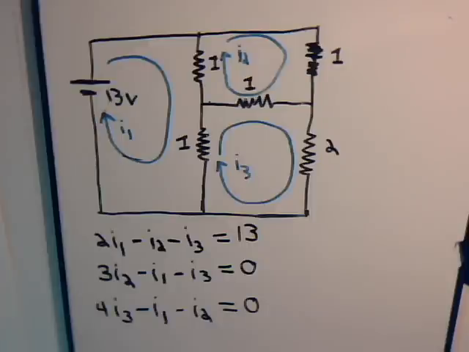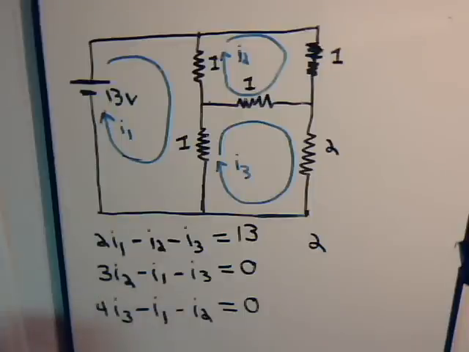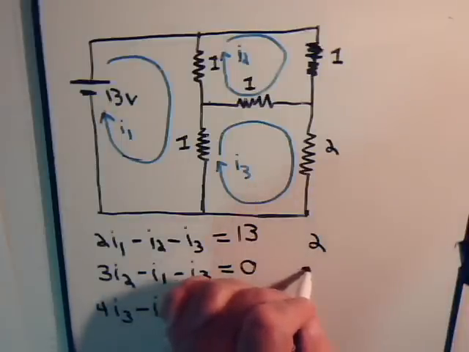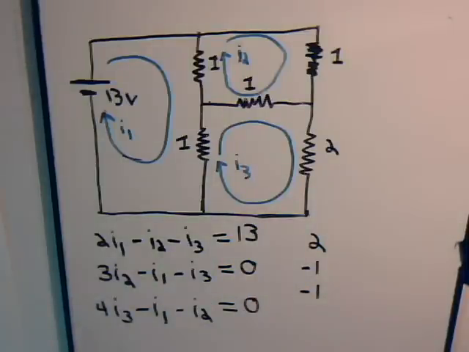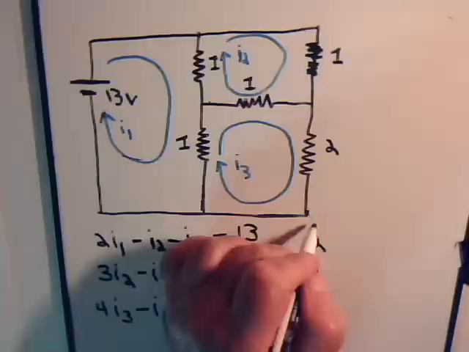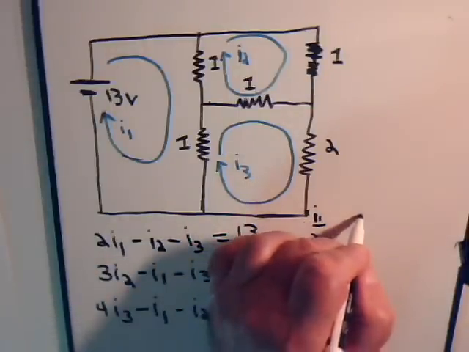Now, let's do this. Let's take the coefficients of, say, I1. See, it's 2, negative 1, negative 1, make a column with them. That is our coefficients of I1. Now let's do the same for I2.